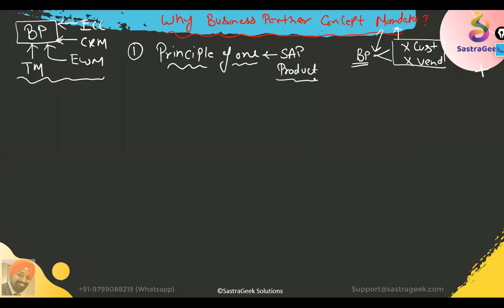So what was happening in ECC? I said that business partner is also available in ECC. Then you have another model of creation of customer and creation of vendor, which is also available. So you can take multiple approaches to run your order to cash. You can create your business partner, which can link with customer and vendor. And without using a business partner, you can also use customer and vendor directly. So there are two approaches.